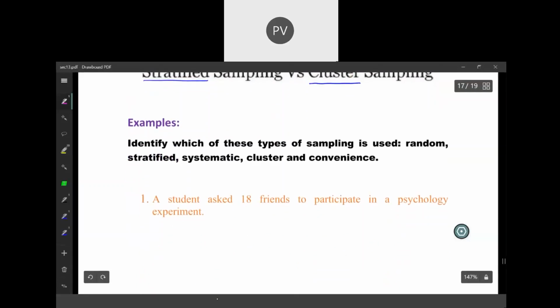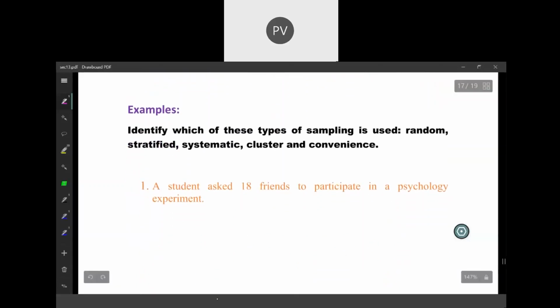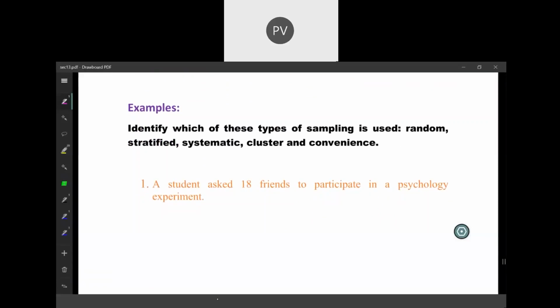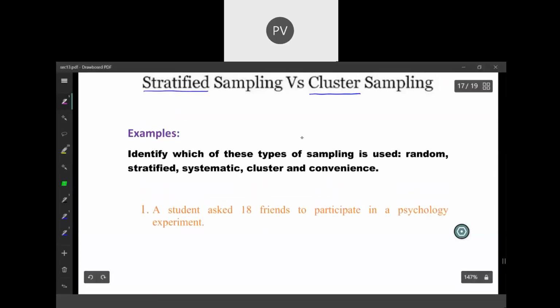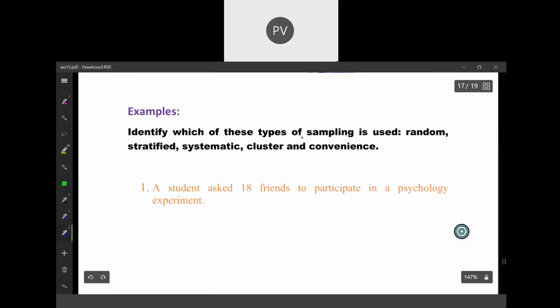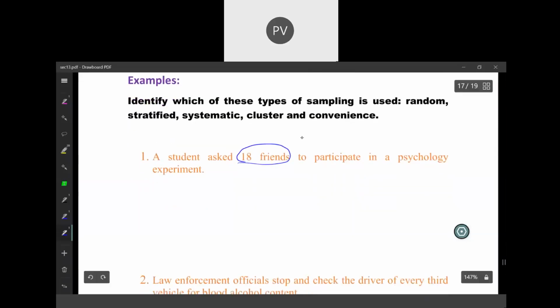So now we are done with the theory part. Let us concentrate on the examples. First question: a student asked 18 friends to participate in a psychology experiment. A student is asking friends for information. That means you are getting the data very easily.